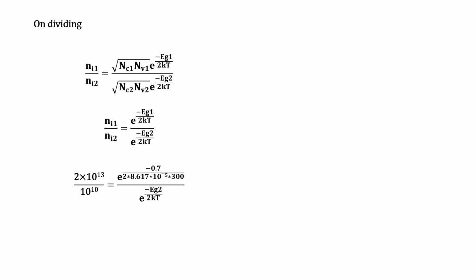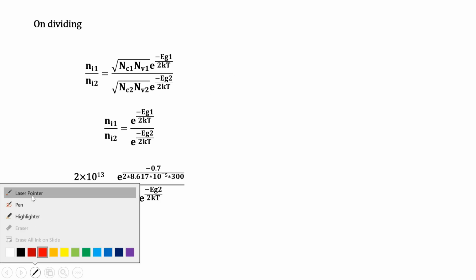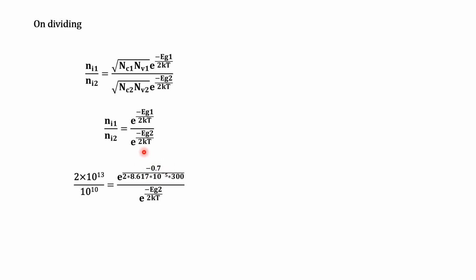While substituting, 2 into 10 to the power 13 divided by 10 to the power 10 equals e to the power of Eg1 by 2 times Kb T. Here I am substituting everything in terms of electron volts itself, which is why I am using Kb as 8.617 into 10 to the power minus 5. Either I have to substitute both in joules or both in electron volts. Here I am substituting 0.7 as the electron volt itself, that is the reason for taking Kb as 8.617 into 10 to the power of minus 5.